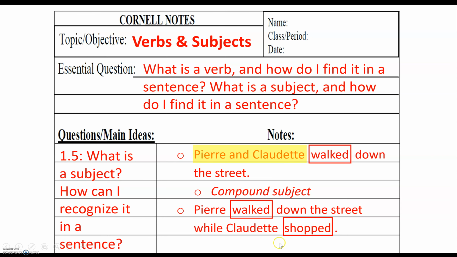So I'm going to start with the back and first ask who or what shopped. The answer is Claudette, right? And then who walked down the street? It's Pierre. So I actually have two different subjects and two different verbs, and that can sometimes happen. So that's something we would want to look for. And again, that's why we always want to ask who or what is doing each verb.